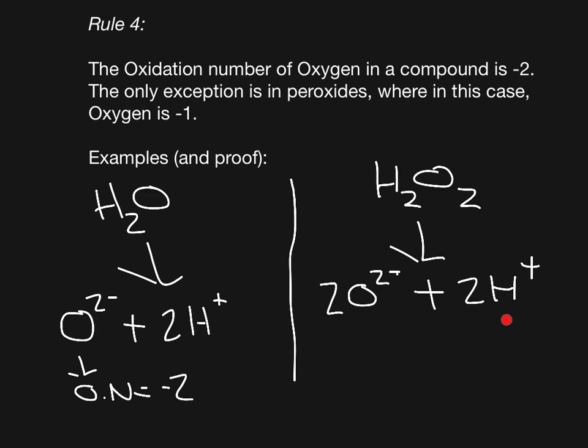So if I add them together, -4 plus 2, that's going to give us an overall charge of 2 negative. But it's not 2 negative to begin with, so there must be something wrong here.